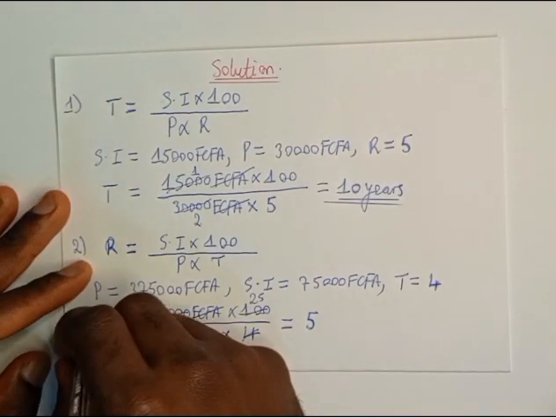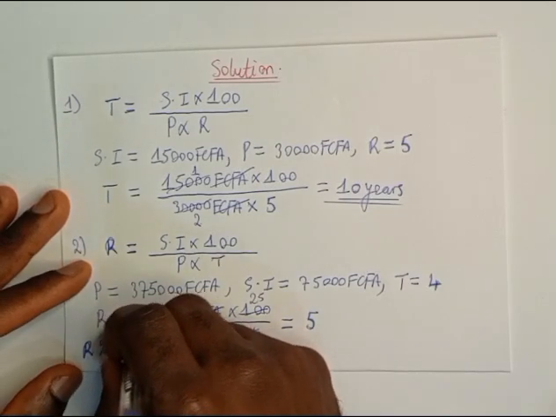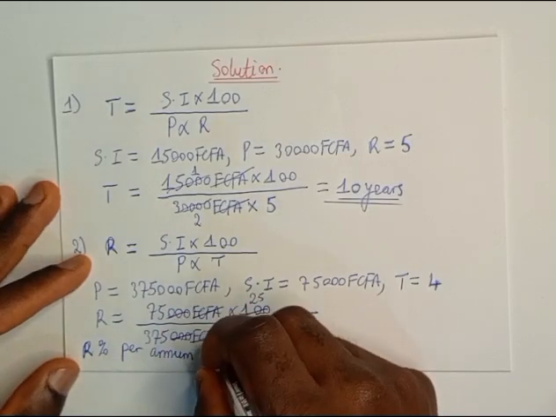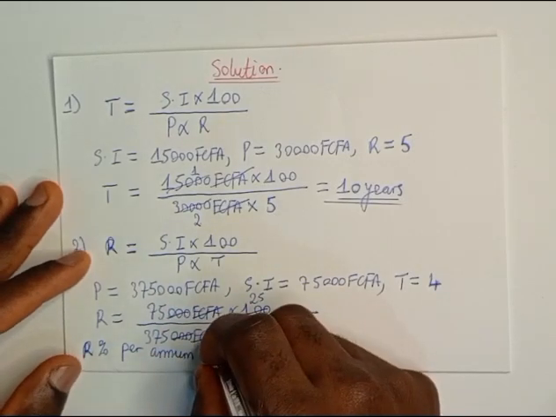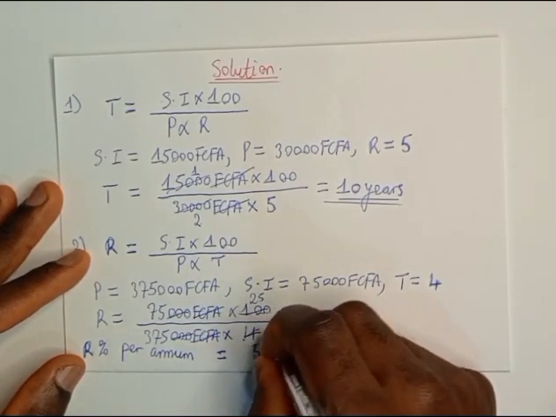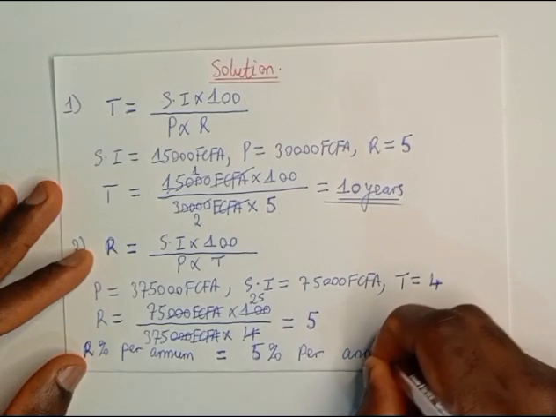Stating our R, remember R is always given as such, percentage per annum. Our R as percentage per annum will simply be 5% per annum.